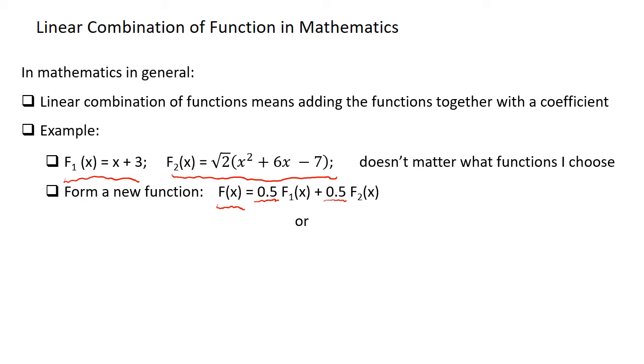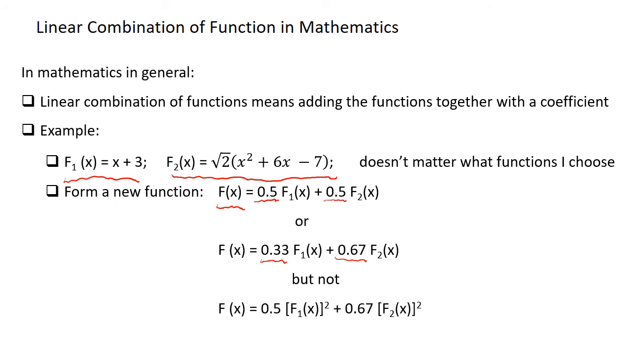Now the two coefficients don't have to be equal, but I could have f of x, maybe it's only 0.33 or 1/3 of f1, and maybe it's 2/3 of f2. But what I mean by linear is that I can't have something that looks like this. I can't have 0.5 times f1 squared plus 0.67 times f2 squared.